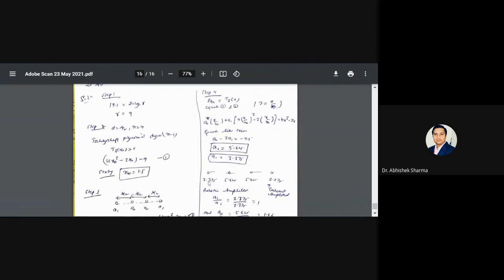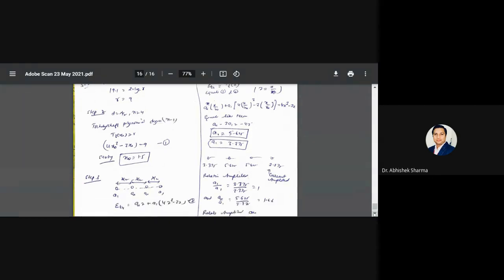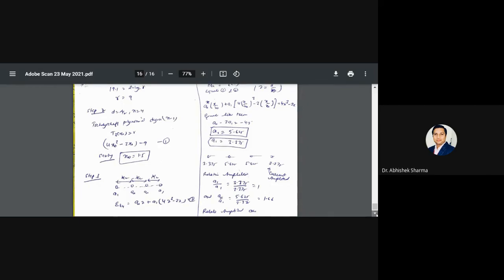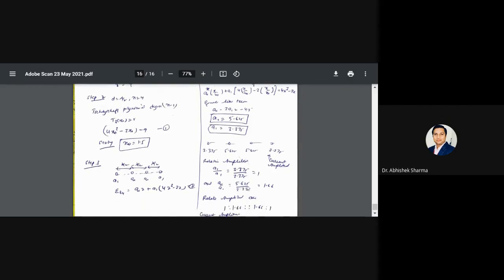So this is the current amplitude distribution: a1, a naught, a naught, a1. By taking relative amplitudes, that means this one with this one and this one with this one, a1 by a1 is 3.375 divided by 3.375, which is equal to 1, and a naught by a1 is 5.625 divided by 3.375, that is 1.66.